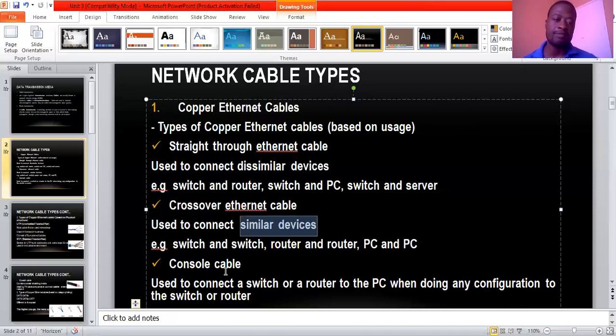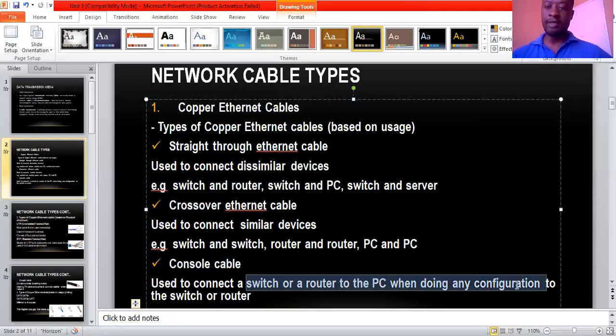Okay, and then the last one, still based on the usage, we have got a console cable. The console cable is used to connect a switch or a router to the PC when doing configuration.